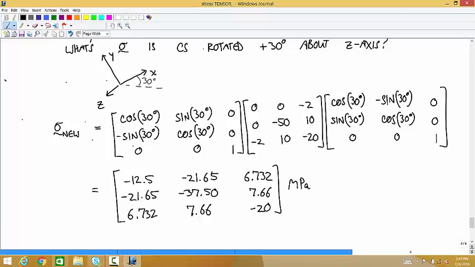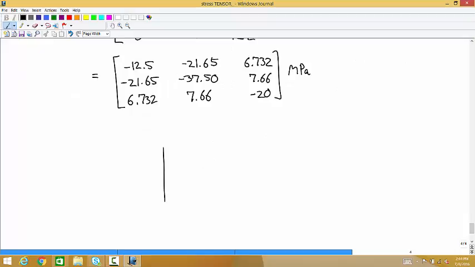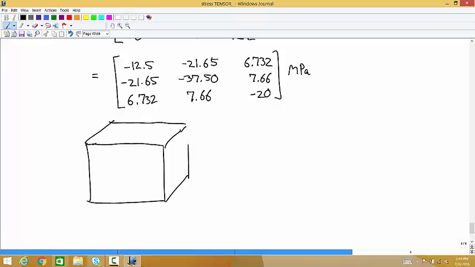It's sort of hard to visualize what's going on, but you can still draw out the stress element, because that stress tensor corresponds to a stress element just the same way the other ones do.